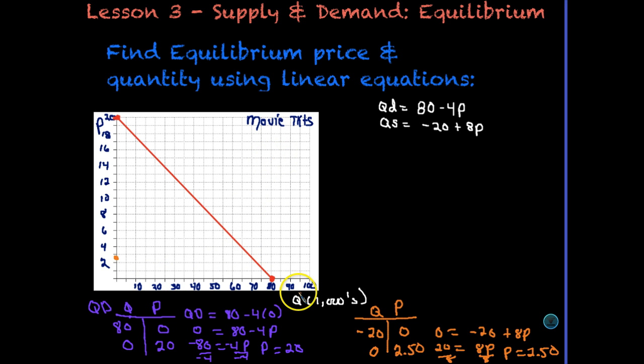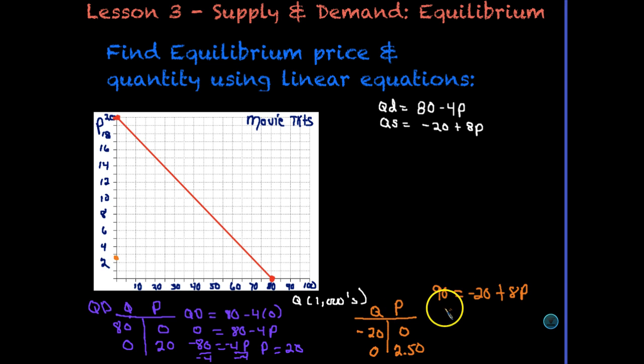Well, we still need another point. So let's just go ahead and plug in a random quantity somewhere up here of, let's try 90. So let's say 90 equals negative 20 plus 8p.